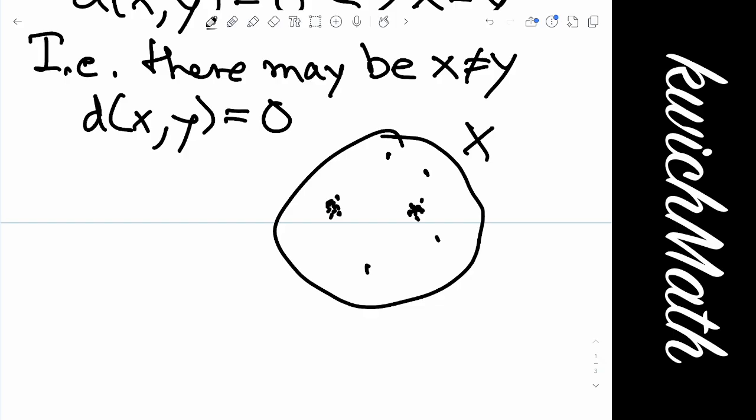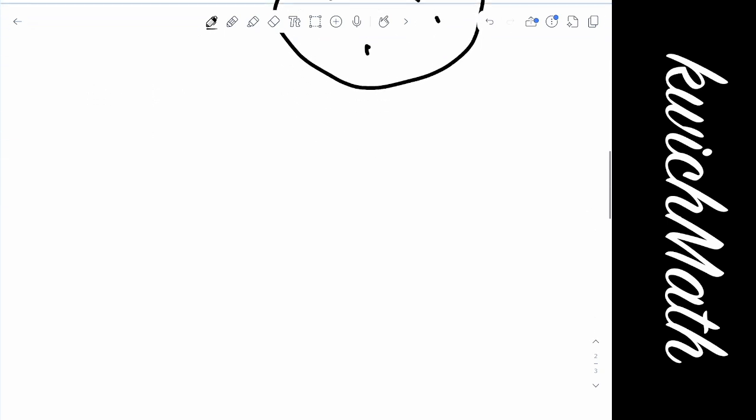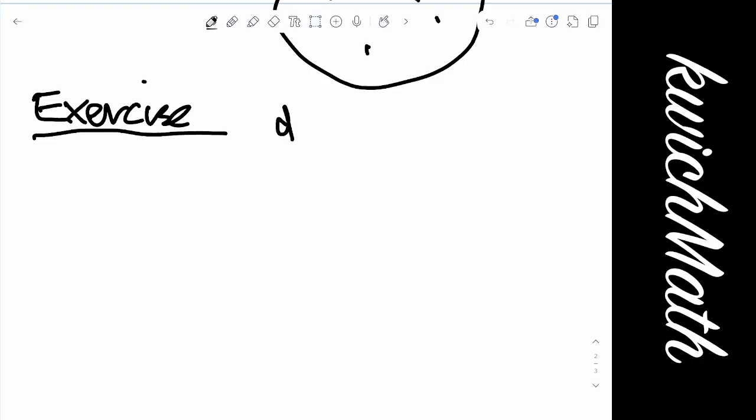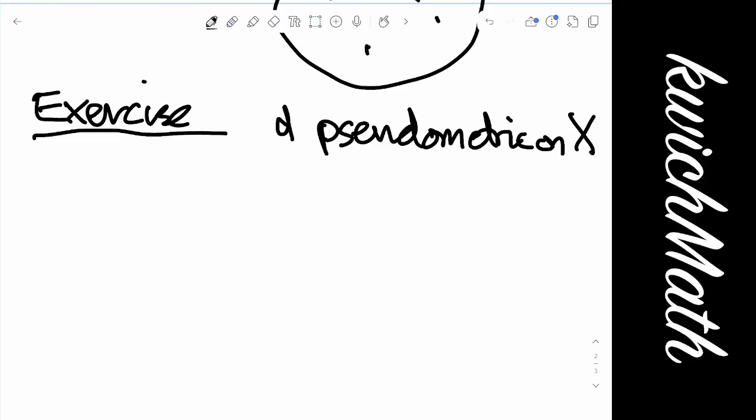All right, so now we're ready to actually look at the problem. Let me just find it. It is here. Okay. So this is the exercise we're going to do. We have d is a pseudometric on some set X. And in the first exercise, we define a relation.